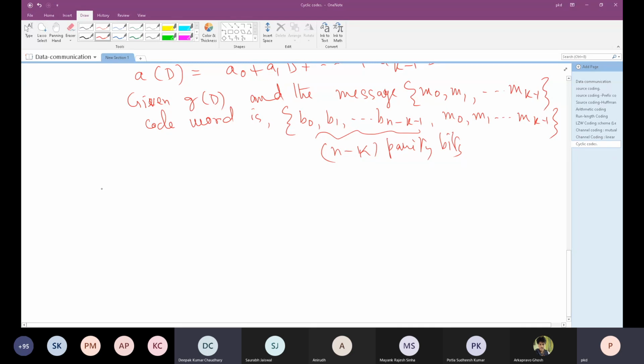So let the message polynomial be written in D, just like before: M0 plus M1D plus up to M(k minus 1) D to the power k minus 1.